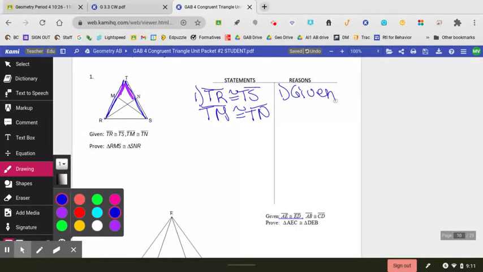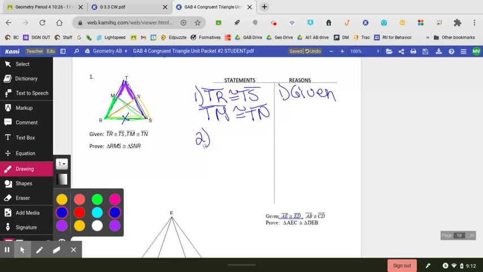And then what we're trying to prove is that triangle RMS, RMS is green, is congruent to triangle SNR. So the first thing I notice when I outline that is that RS is part of both.